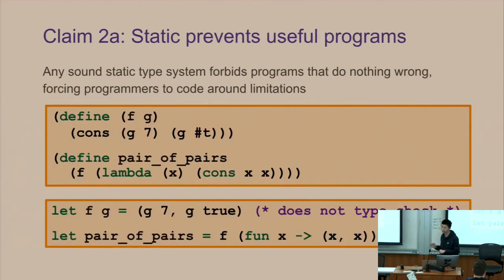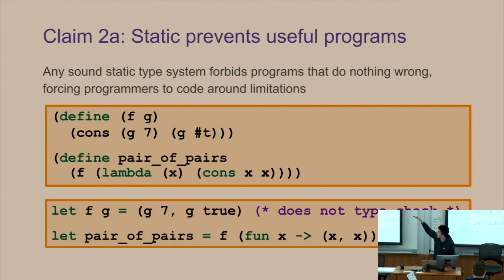Claim 2 is that static typing actually prevents lots of useful programs. In the Racket code, this f of g is an example of a list in which elements have different types.